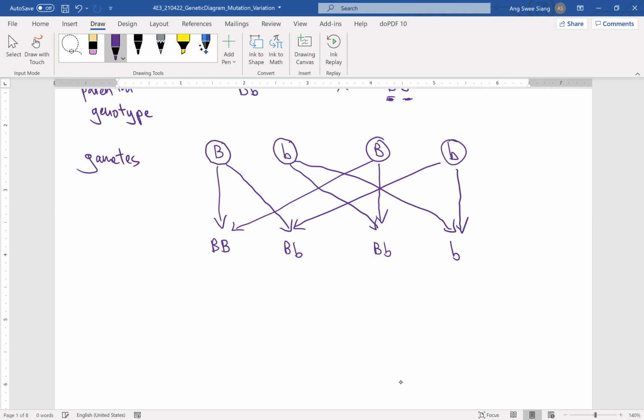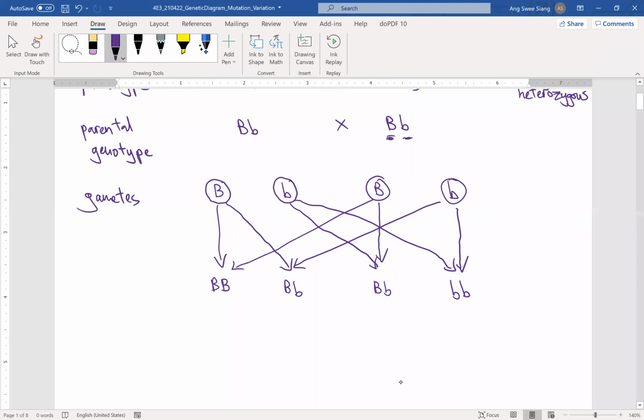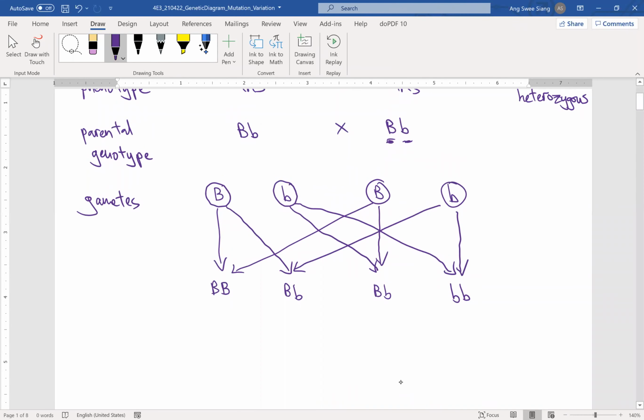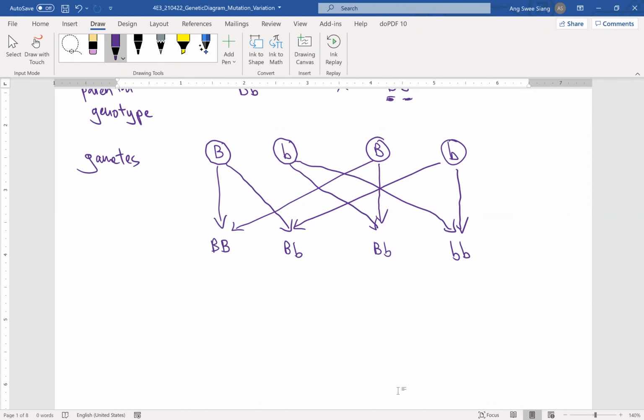Then I will get 2 recessive alleles. So remember, sperm fertilize egg. Please don't draw lines to show sperm fertilize sperm or egg fertilize egg. That is why this part here you must draw correctly.